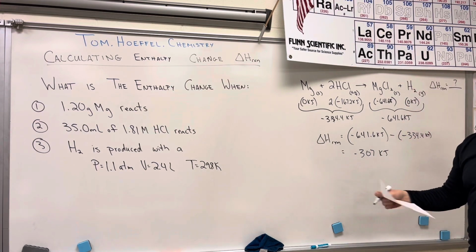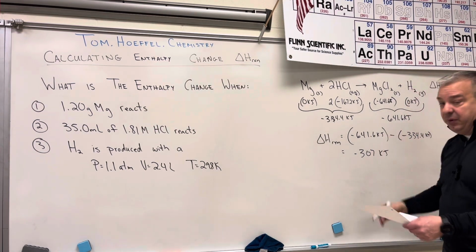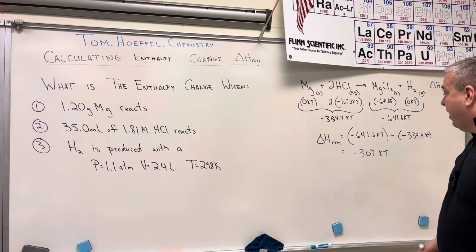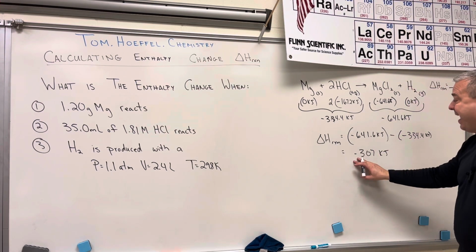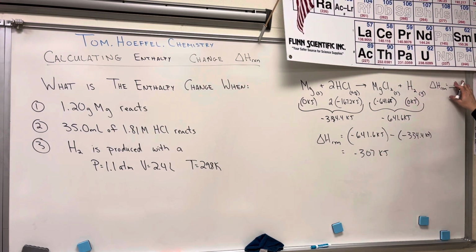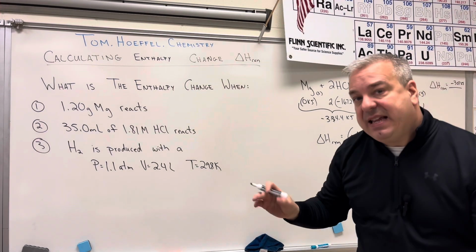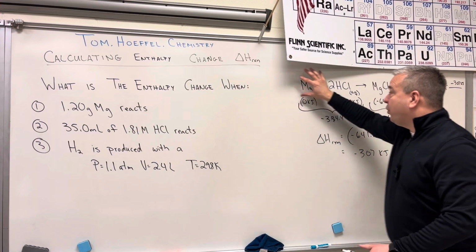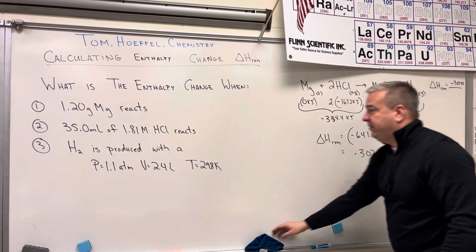If you want to do negative 307.2, that would probably be a little bit more precise. So we now know the enthalpy change for this chemical reaction, so I'm going to remove the question mark, and I'm going to put this negative 307 kilojoules in its place. And that's the enthalpy change for this whole chemical reaction.